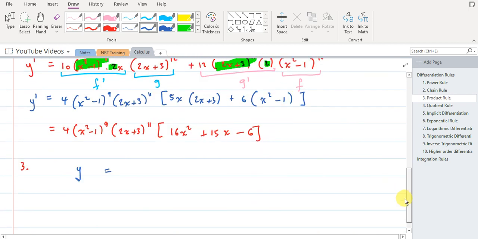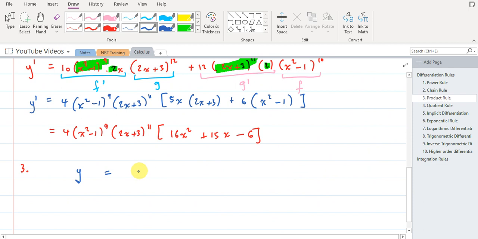Yes, y is equal to x to the power 20, let's just say minus 2x to the power 20 times the square root of, right, times, okay, I think we did square root in the chain rule.